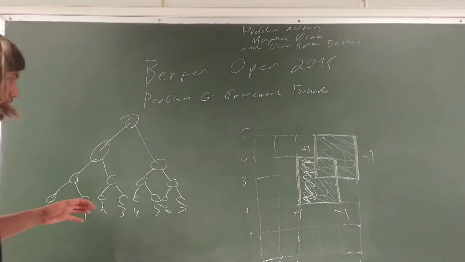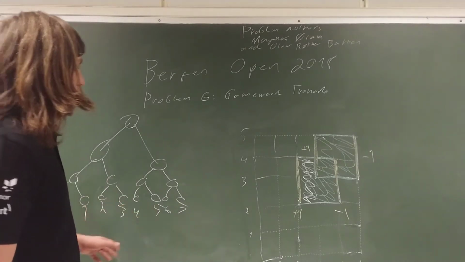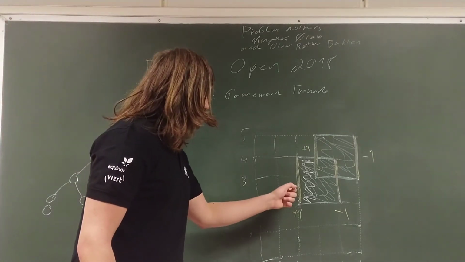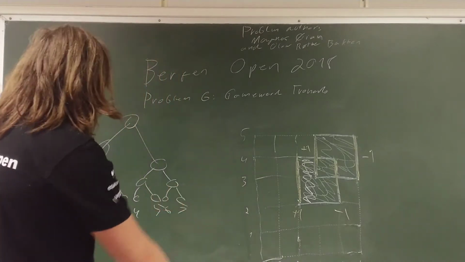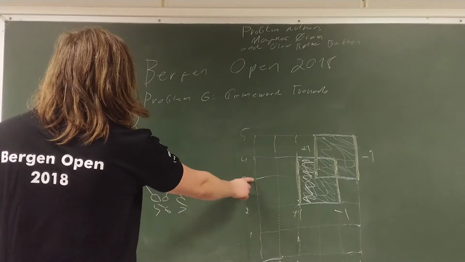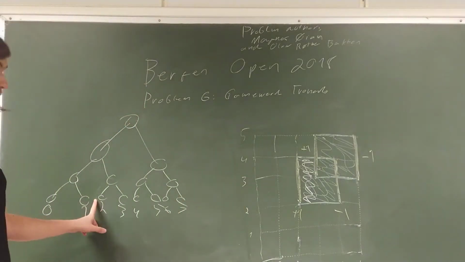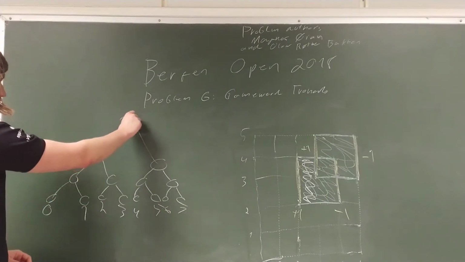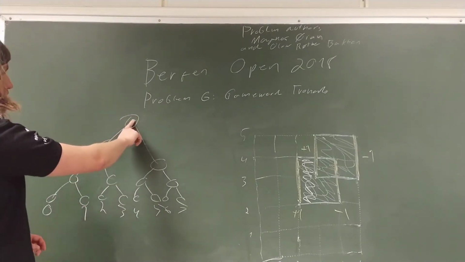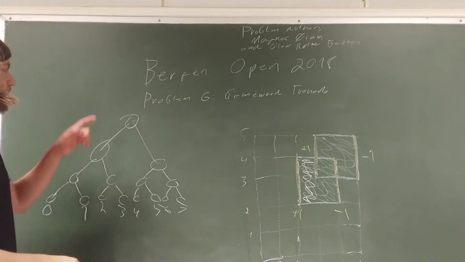So what we do is, when we process this event, we need to add 1 to positions 2 and 3 here. So we go down in our segment tree. Now 2 and 3 is inside the segment, but it's not entirely contained within it.